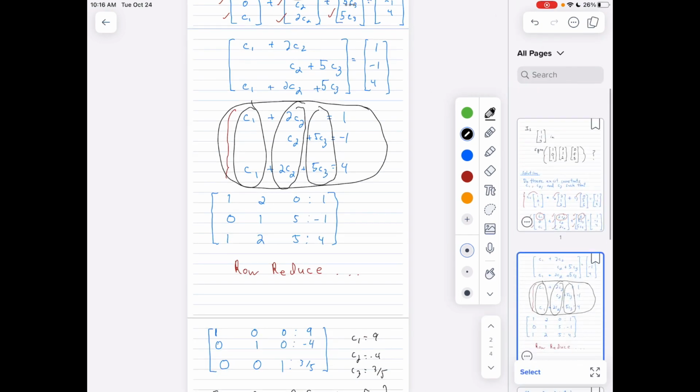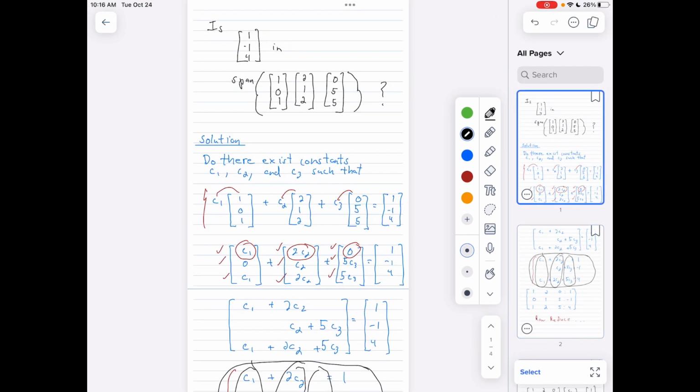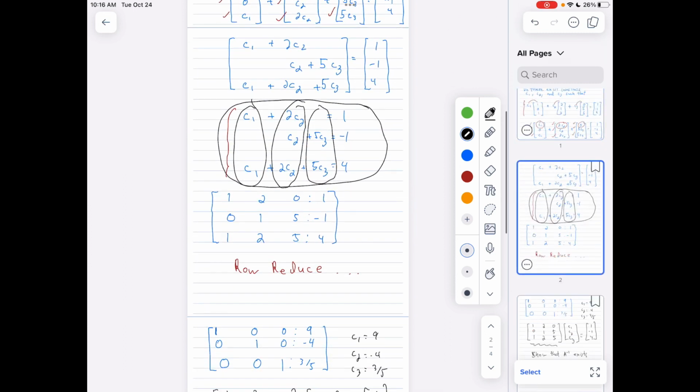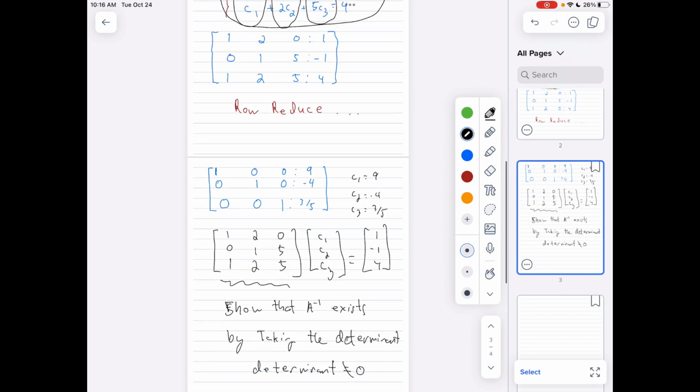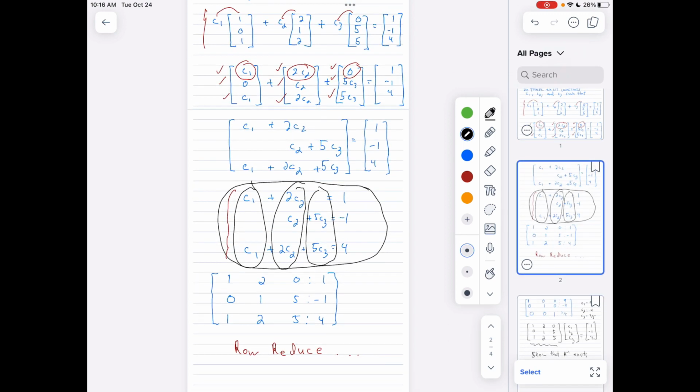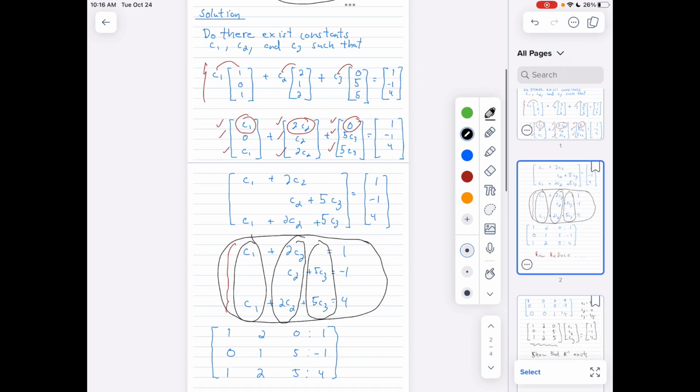So you can put these directly into a system of equations, or one big matrix with those as columns, and go from there. That's a shortcut. I personally don't like doing that because I often make mistakes when I do. I'd rather write this out like I did the first time. It's just a little easier for me.